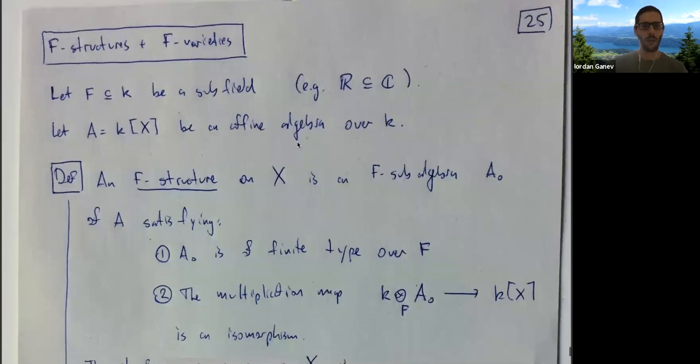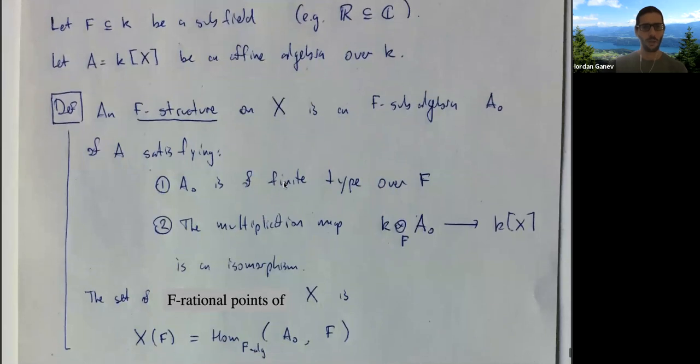If we have an affine algebra over K, as we saw last time, any affine algebra is the affine algebra of an algebraic set. So we can say that A is the affine algebra of X, over K. Then we say that an F structure on X is an F subalgebra A0 of this affine algebra satisfying two properties. First, A0 is of finite type over F, so it's finitely generated as an F algebra.